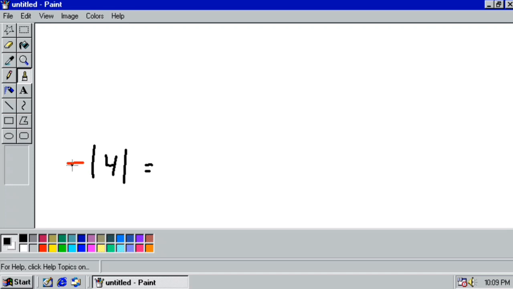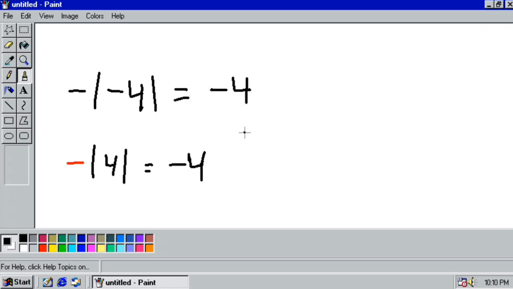When there's a negative sign on the outside of the absolute value, it will always go negative since there's a negative sign. And if there's also a negative sign outside and it's a negative number, it will come out negative.